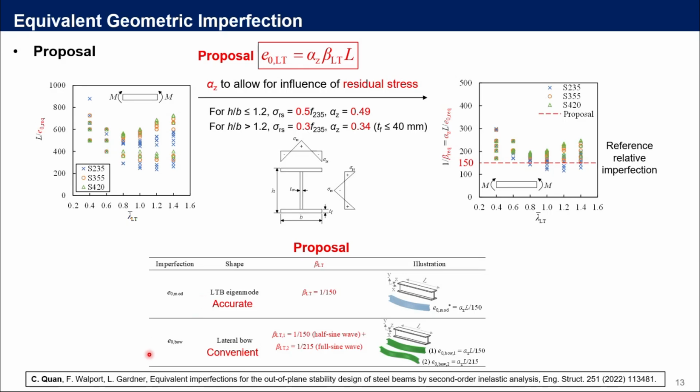So we proposed the second option, which is more convenient, where we don't need to perform linear buckling analysis in advance. In the second option, the equivalent geometric imperfection could be applied directly as lateral bow imperfections, a combination of a half sine wave curve and a full sine wave curve to cover different bending moment gradients.